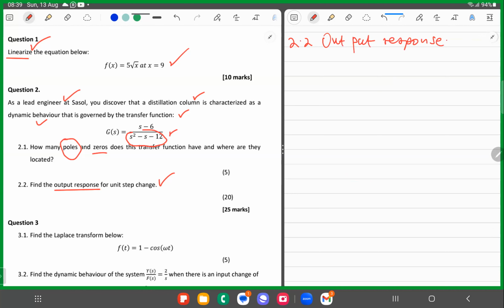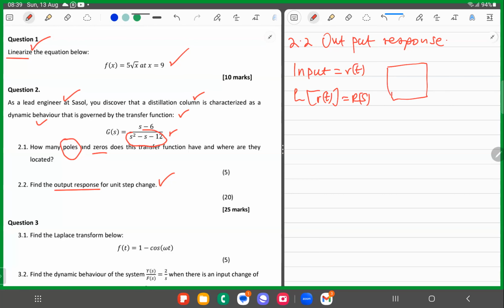The output response at this point is given by the following diagram. You need to have the input. If the input is given by R as a function of t, then you have L, the Laplace transform, which transforms it to R as a function of s.